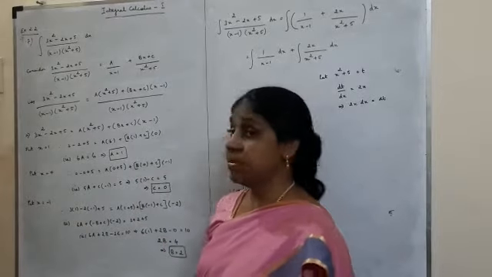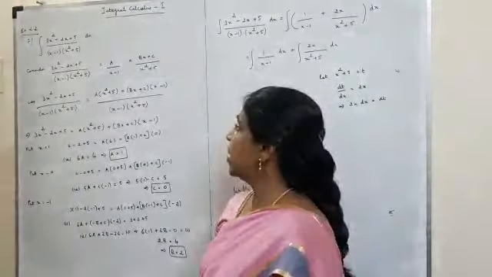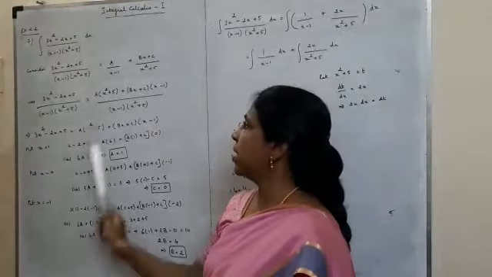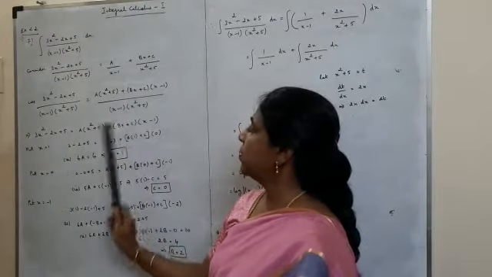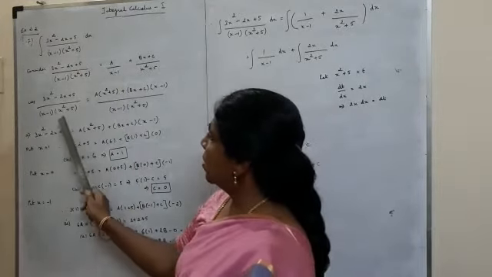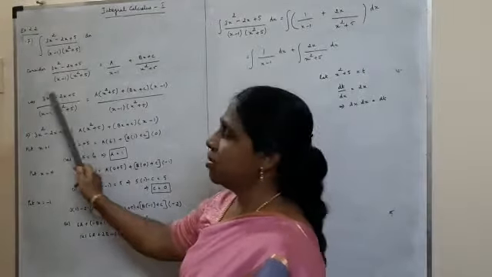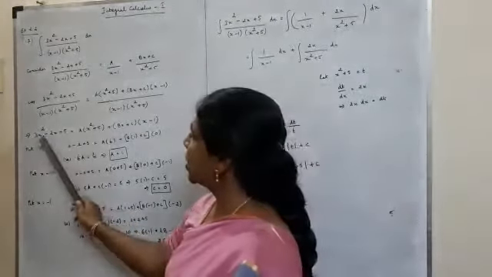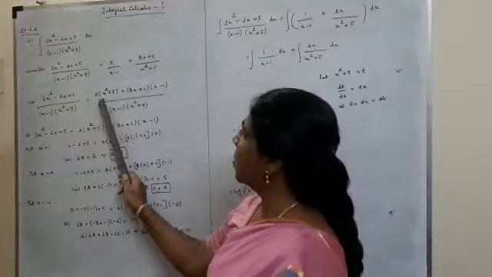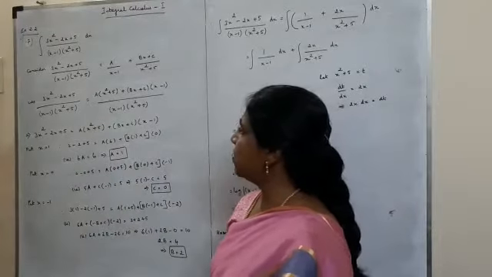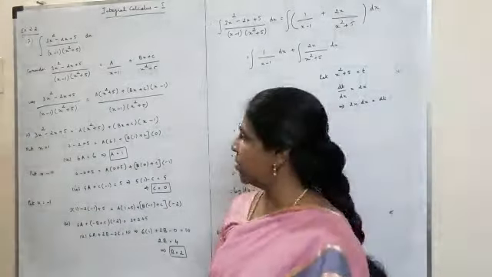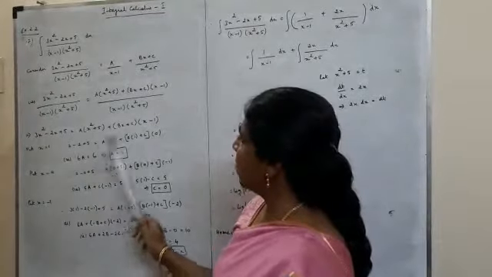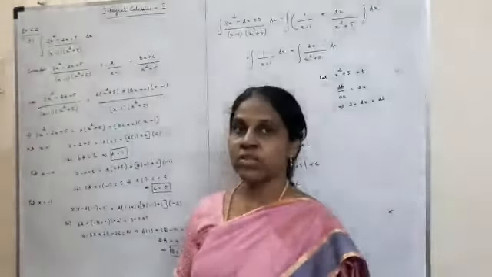So (Bx + C), make sure you put the bracket, the whole thing into (x − 1). Denominators are equal, so the numerators have to be equal. So 3x² − 2x + 5 is equal to A(x² + 5) + (Bx + C)(x − 1).